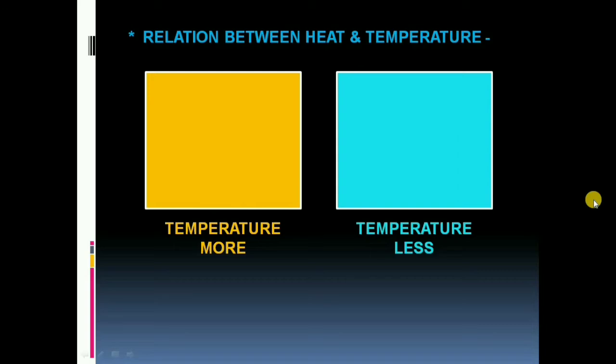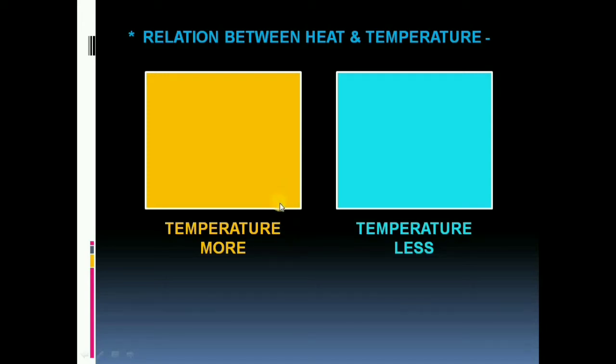So now let's understand the relation between heat and temperature of a body through the particles vibrating in the body. Suppose this is one body, and if the temperature of this body is more, that means this is a hot body.